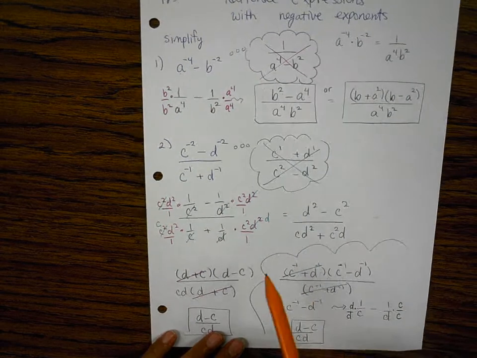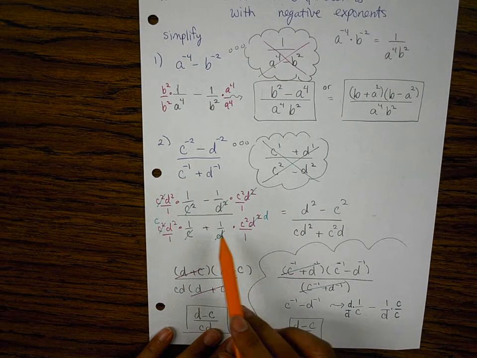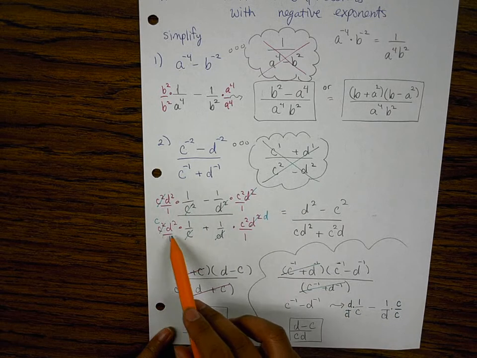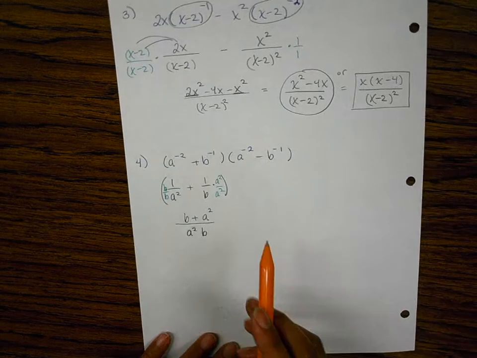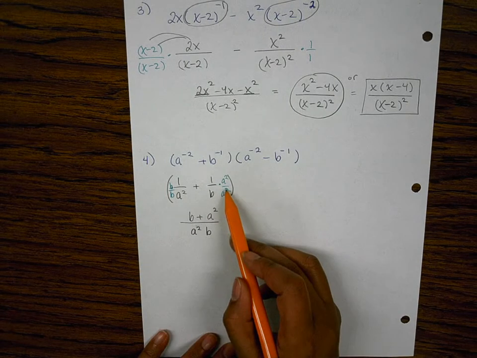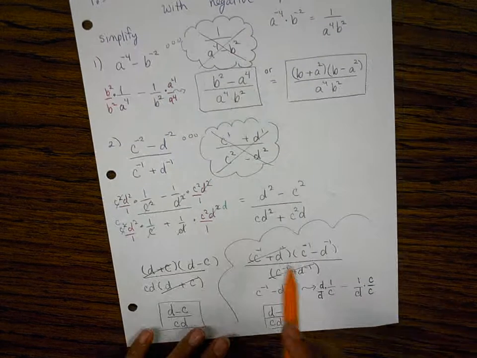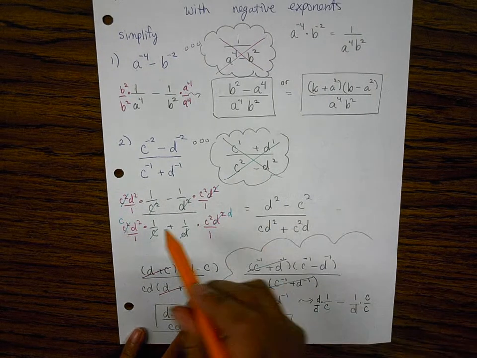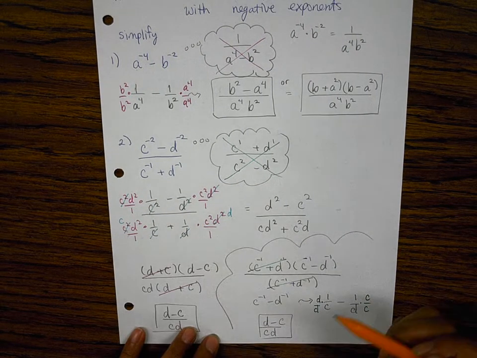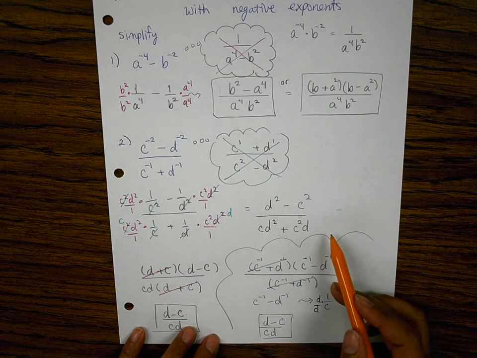Now, a really quick reminder, because I often have kids get confused about why on these I'm multiplying everything by the same thing, versus here I'm only multiplying by b and a squared. The difference is that this is a complex fraction. When it's a complex fraction, you clear by multiplying everything by the exact same thing.